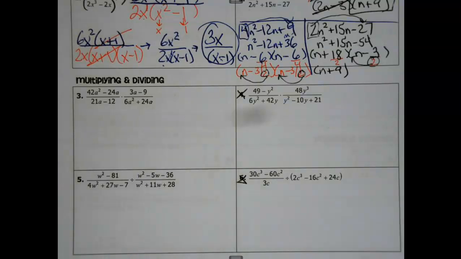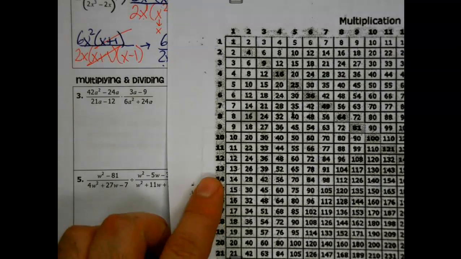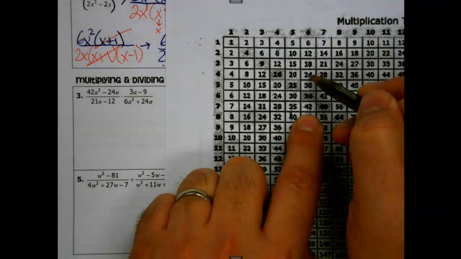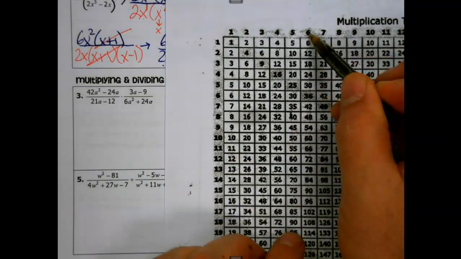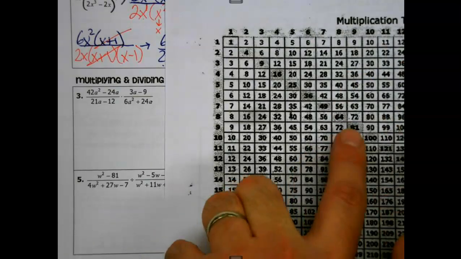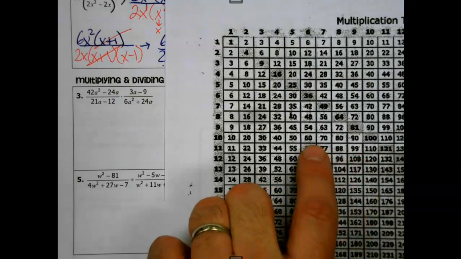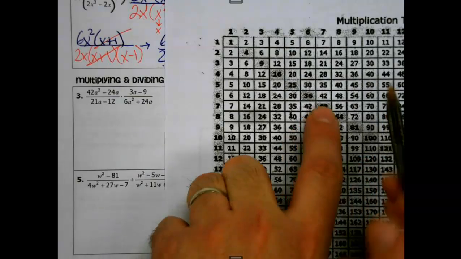So if I'm looking for 42 and 24, it might be possible. Okay, there's 1, 6. Can we do better than 6? 42 and 24. It looks like 6 is as good as it's going to get.